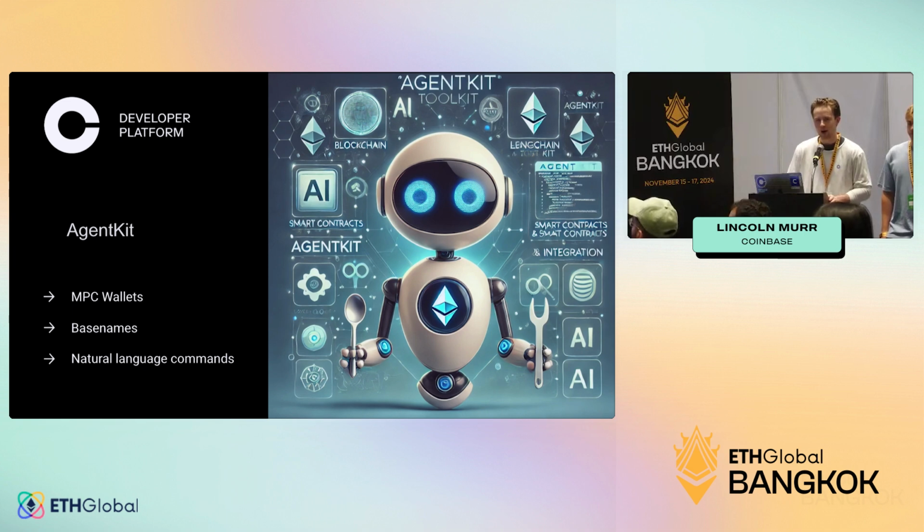AgentKit is model and AI framework agnostic and meant to be very extensible. It allows you to interact with agents and transfer funds, swap, pretty much anything you can think of in Web3 you can do now as an AI agent autonomously.